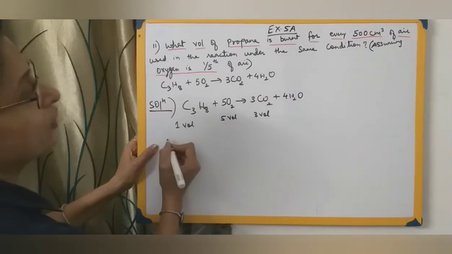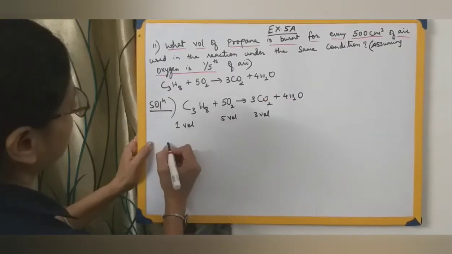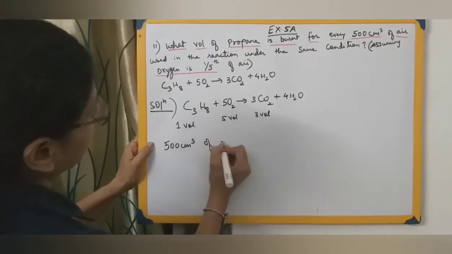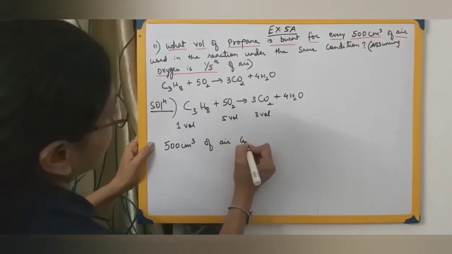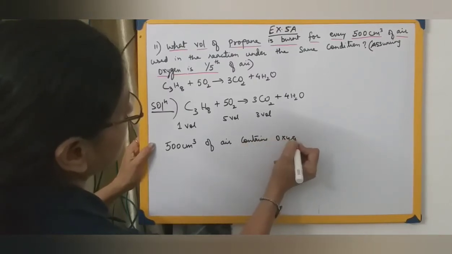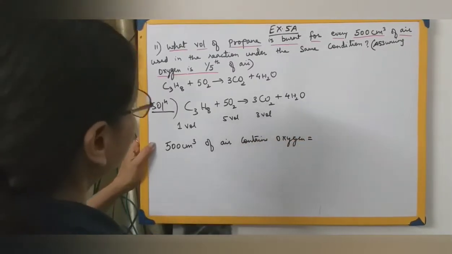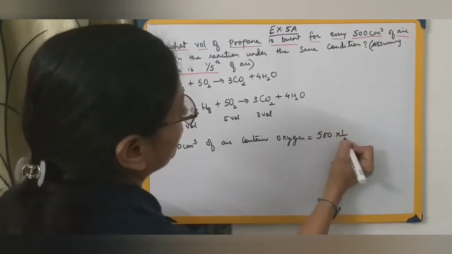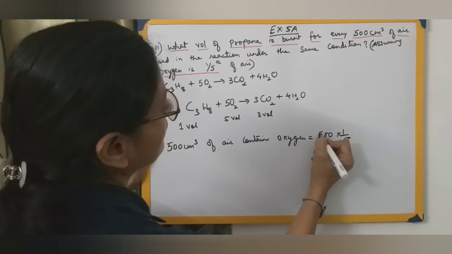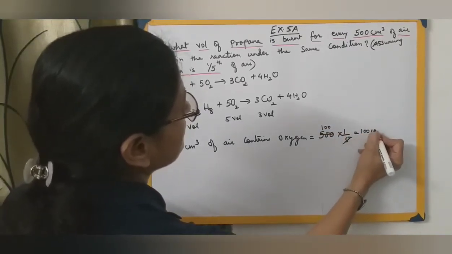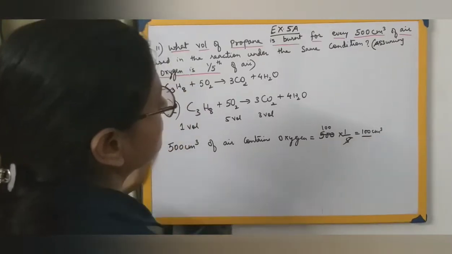Then first we'll find out: 500 cubic centimeter of air contains oxygen equals 1/5. So 500 into 1/5, that will be 5 ones are 100. That is 100 cubic centimeter oxygen is present.